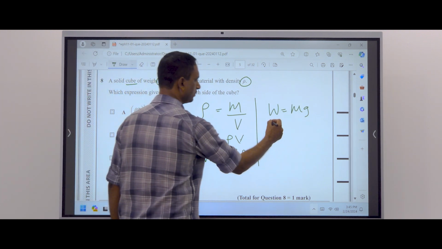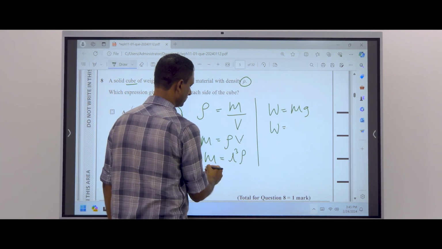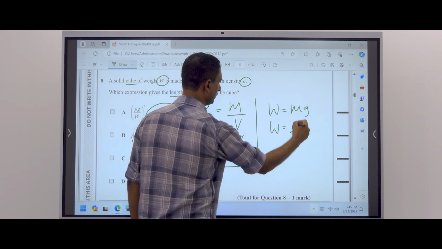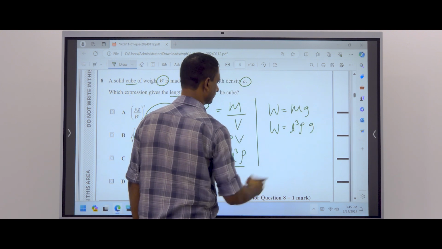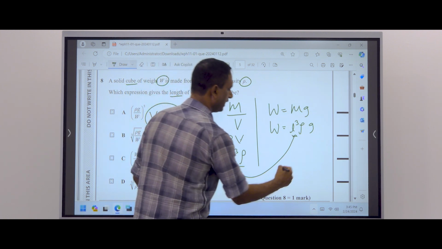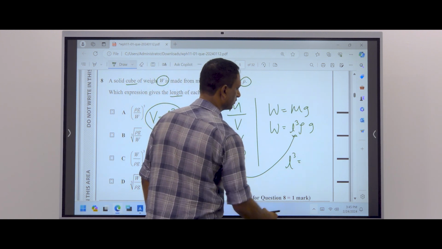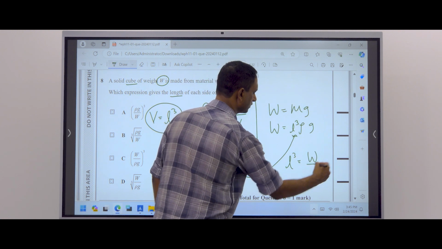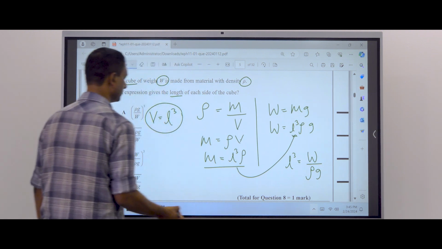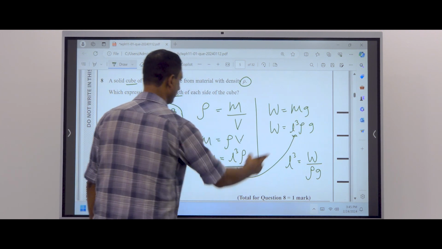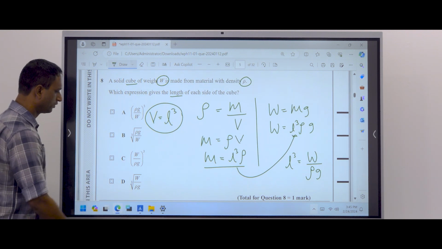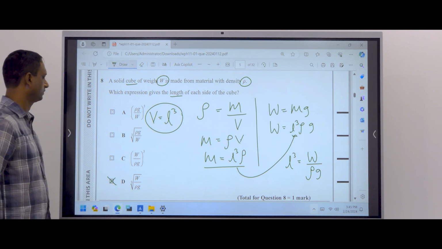Now we can substitute the mass here: W equals L cubed rho g. Then L cubed equals W over rho g. Taking the cube root of both sides, L equals the cube root of W over rho g. Answer 4.